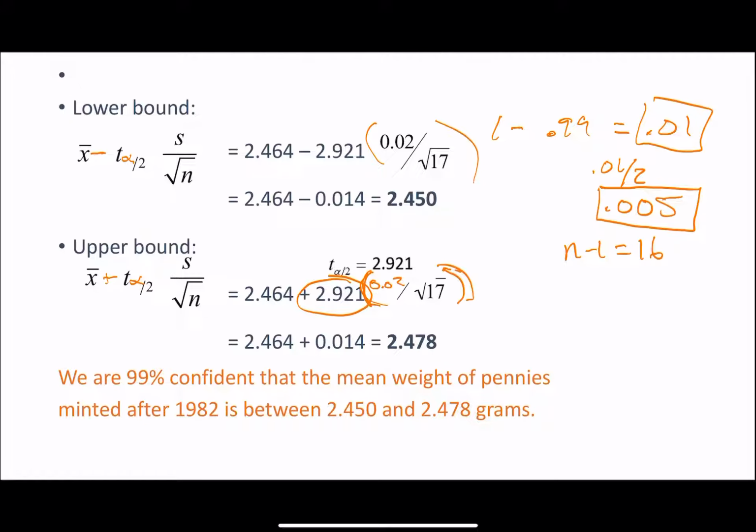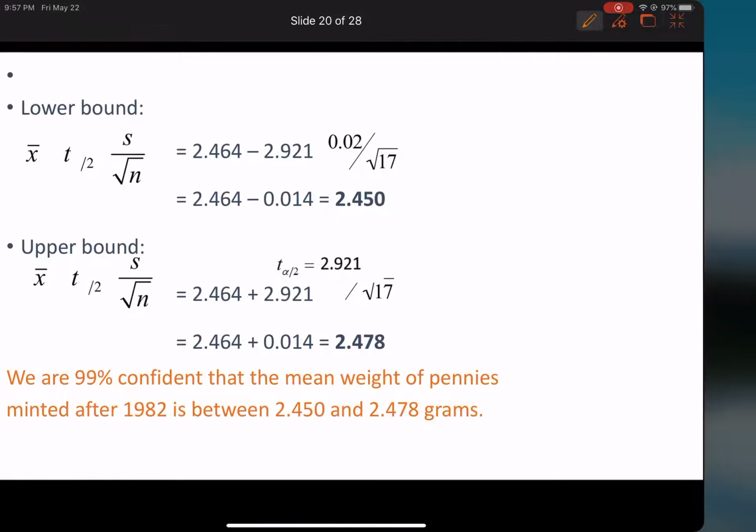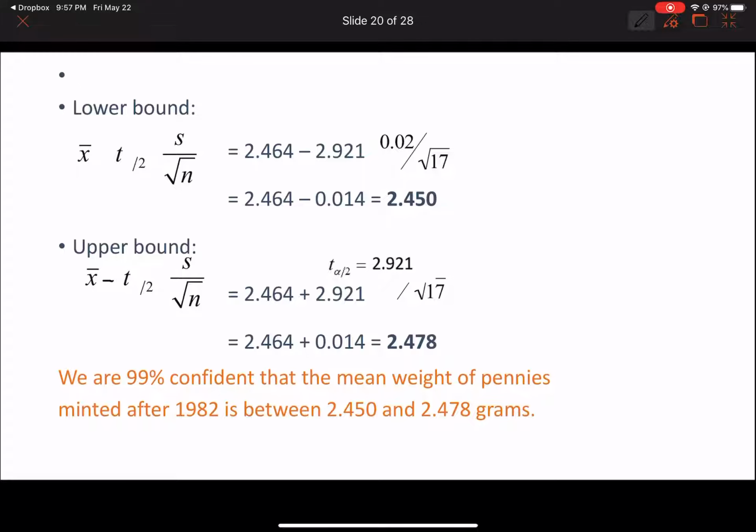So hold on here. This is really ugly. I'm going to clear this out and just rewrite this. So I have x minus t alpha over 2 times that standard deviation, and this is x plus.